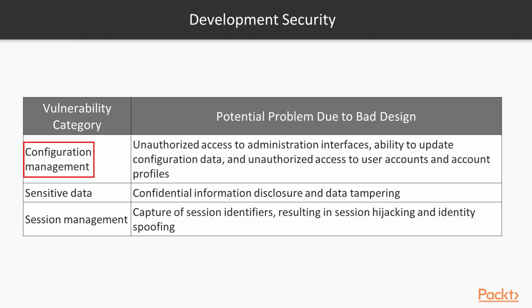That's a fundamental that we need to make sure is designed as part of our web application development. Sensitive data. We need to be careful with sensitive data disclosure and tampering. If we don't have enough controls on the sensitive data, let's say personal data, that data might be exposed to the public, or to people who are not authorized.